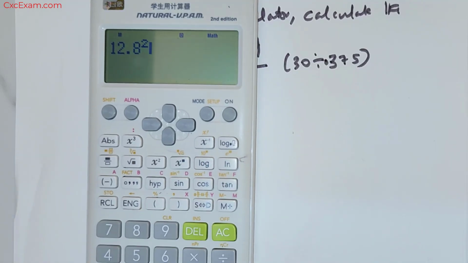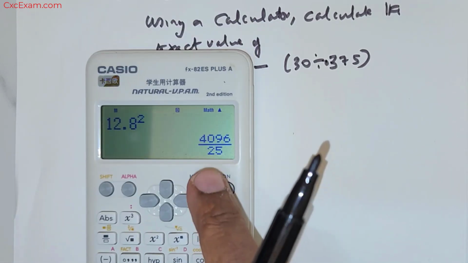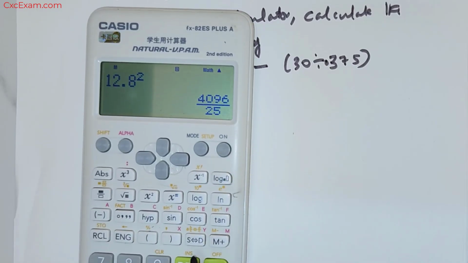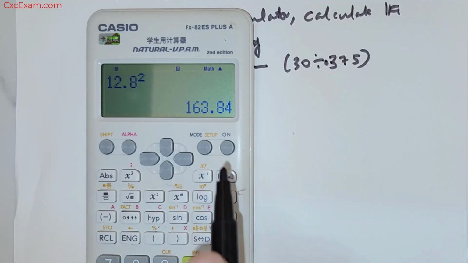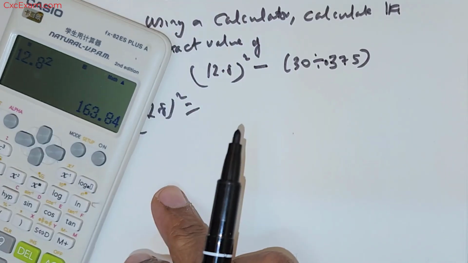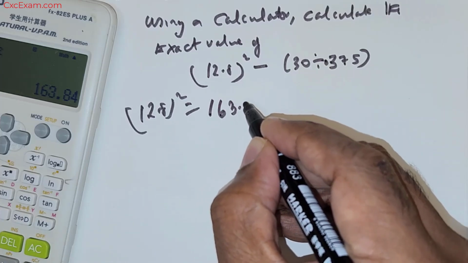Then you press equal to. There is also another function on your calculator, the S-D key, so press that and you get the value 163.84. Just write that value down.